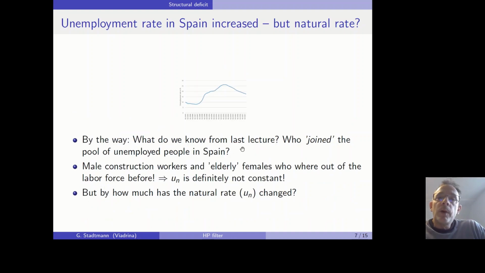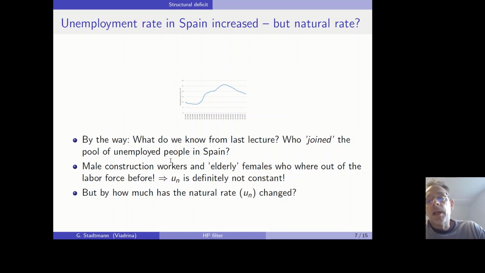So, a big question is, what about the natural rate? And we talked about this already to some extent in the last lecture, because we were talking about the question of who joined the pool of unemployed people in Spain. It was predominantly male construction workers and elderly females who were out of the labor force before.